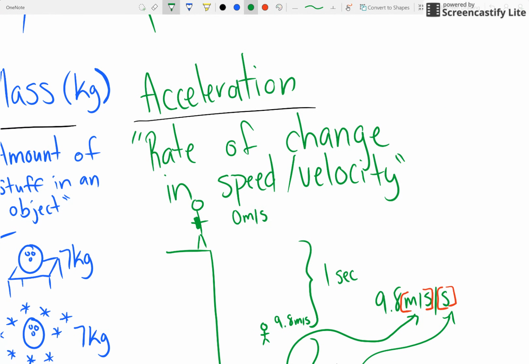So, acceleration, our unit is meters per second per second. So it's like saying I'm going 45 miles per hour per every hour, or meters per second per second. To make this a little simpler, since there are 2 S's here, we can simplify it by saying meters per second squared.